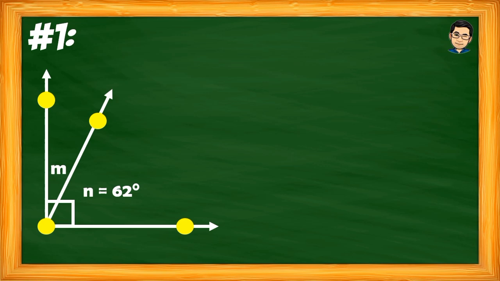Paano yan? The measure of angle M plus the measure of angle N is equal to 90 degrees. Kasi nga, complementary angles sila. Ang given po na sukat po dito is yung sukat ng angle N, which is 62 degrees.